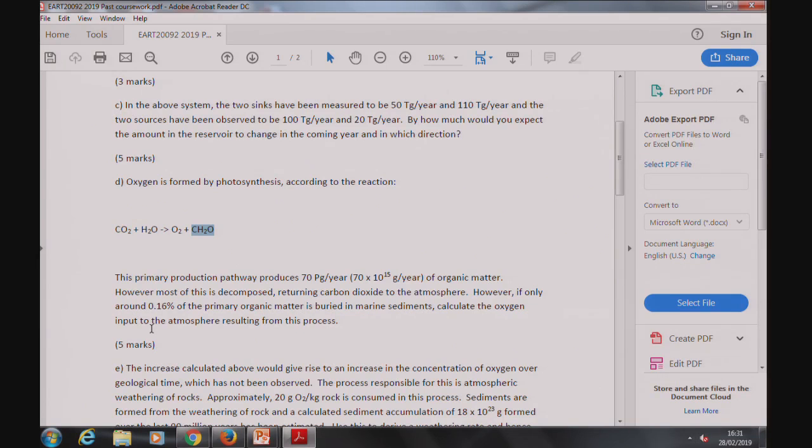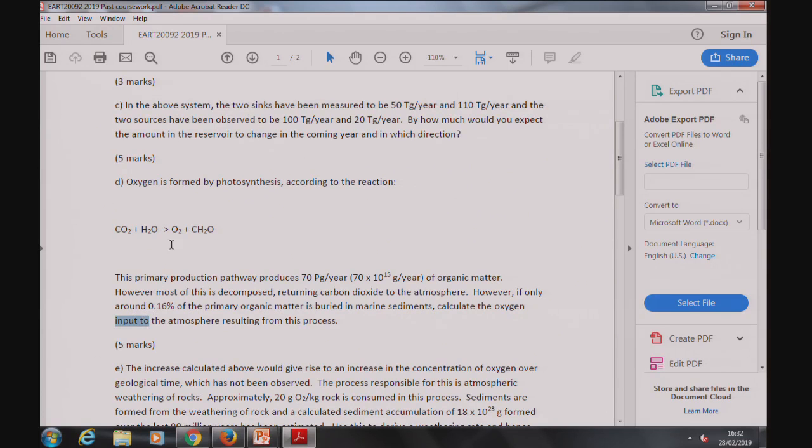This confused me, because I thought, well, okay, this biomass is going to go into sediments, and so the oxygen's kind of lost. But James is talking about an input into the atmosphere.